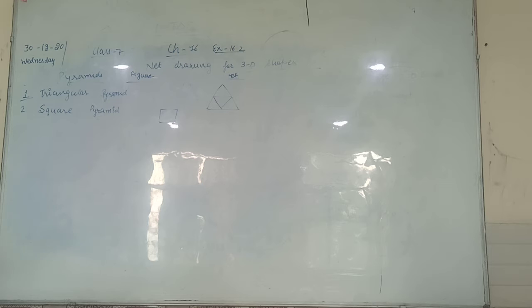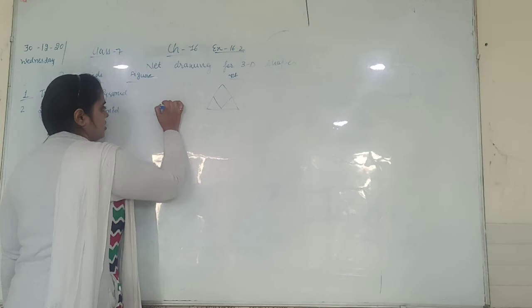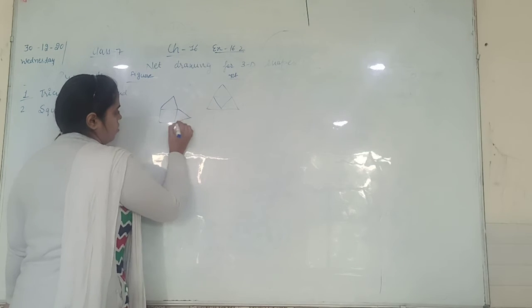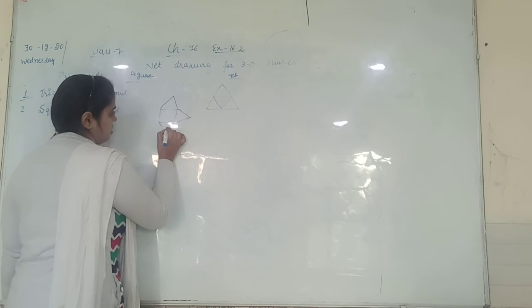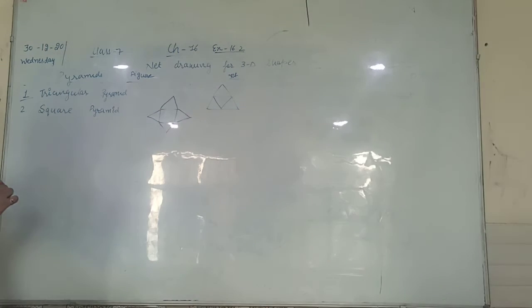So we will call it square pyramid, and its net will be a square in the center, then from all sides one triangle, like this. This will be the net of square pyramid.